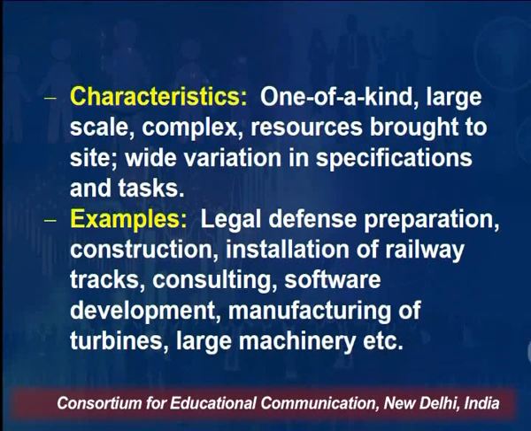Sometimes the metro line is on the ground, sometimes underground, sometimes on a kind of flyover. So each task is different from the others. Examples: legal defense preparation, construction, installation of railway tracks, consulting, software development, manufacturing of turbines, large machineries, etc.